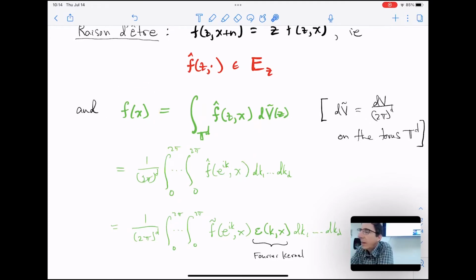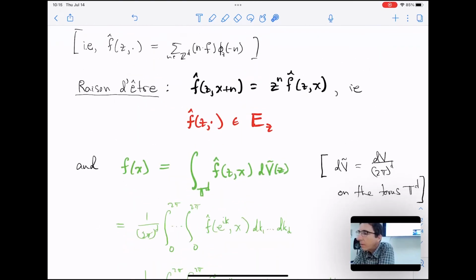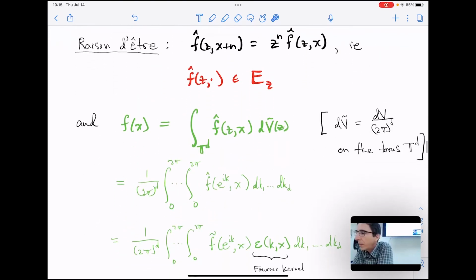Why does that formula, which gives you these pseudoperiodic functions, correspond to a decomposition of f onto the eigenspace? It's because you can recover f by the Fourier inversion formula, which says that if I integrate these f hats over the unitary characters, just over the torus, the compact torus, then I recover the f.